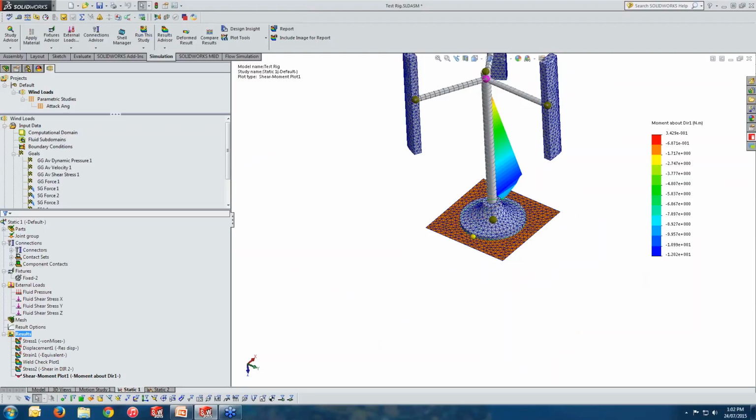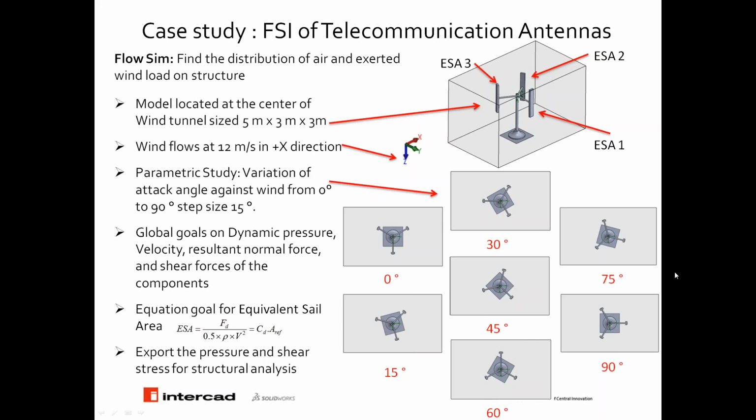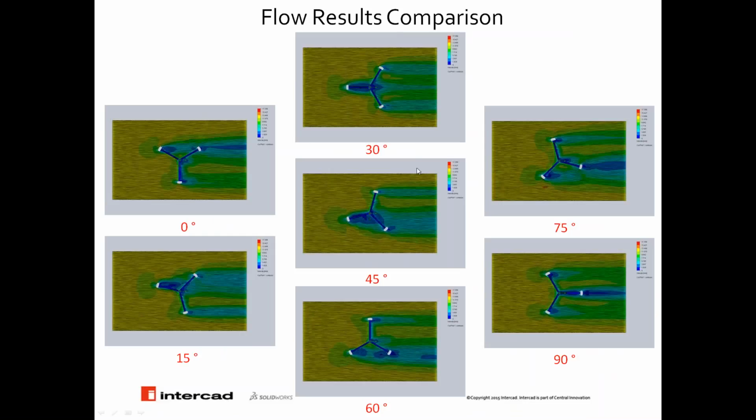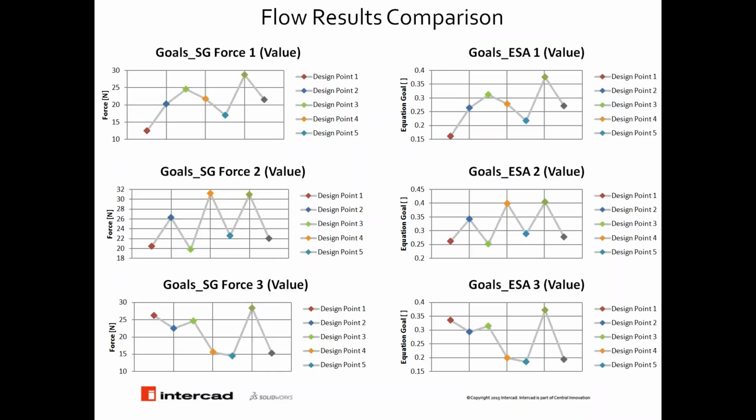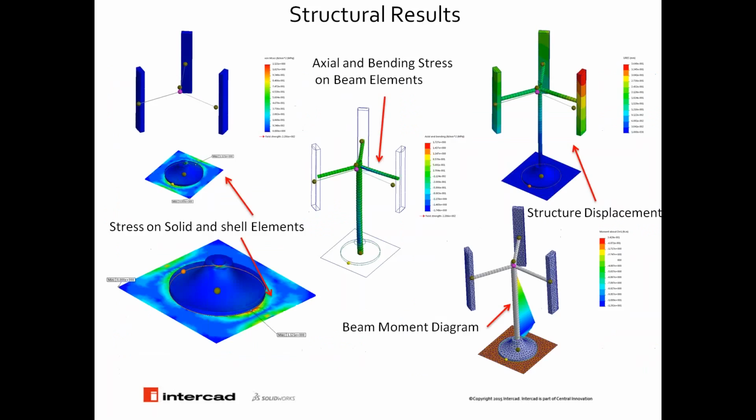Alrighty, so let's wrap up our section. What we have experienced from this point, we went through the different flow results and we learned about how we can compare a cut plot or a goal in our flow results, make sure everything is fine there, and then export and exchange the result and simply recall it and look at the structural stress, beam stress, displacement values, or beam moment diagram.